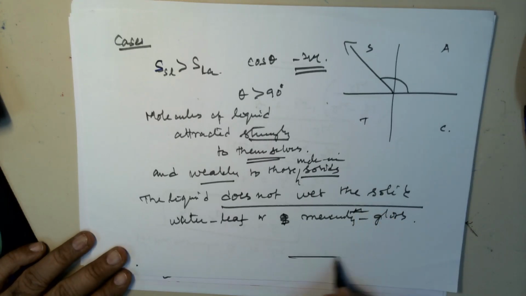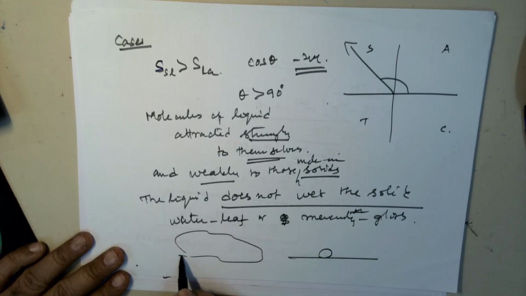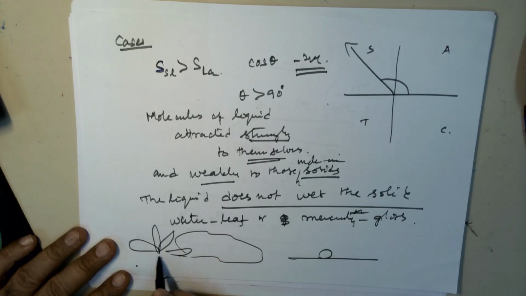For example, when you keep mercury on glass, it will form a spherical shape like this. Similarly, in a lotus flower, you've got the lotus flower like this, and it has its own leaf.